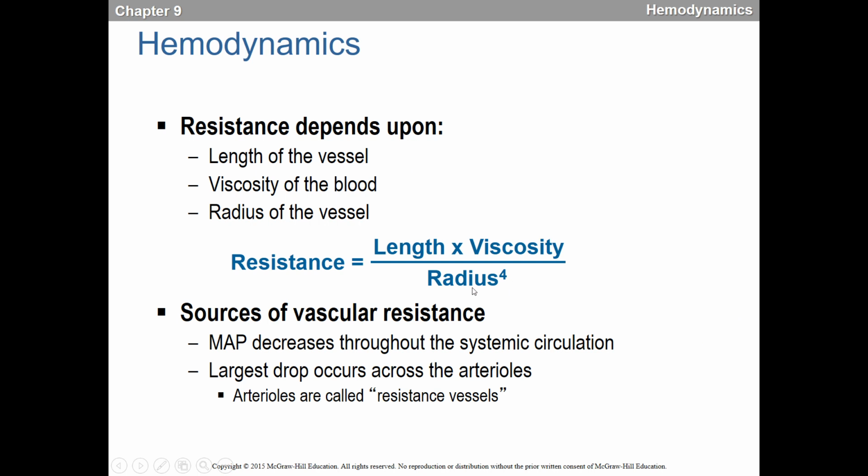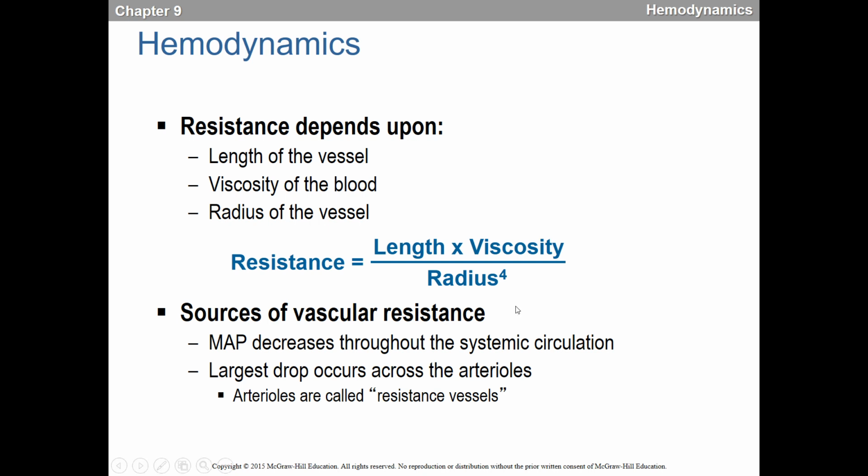Anytime something is to an exponent, especially the fourth power, that means it's a huge deal. So what alters resistance the most is the radius of the artery, arteriole, capillary, what have you. That's really what's going on there.